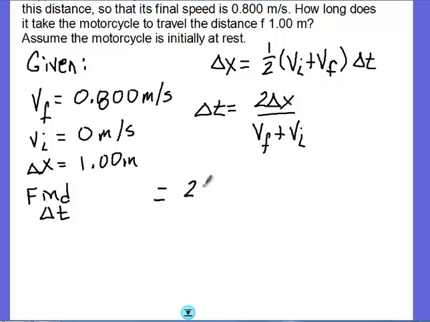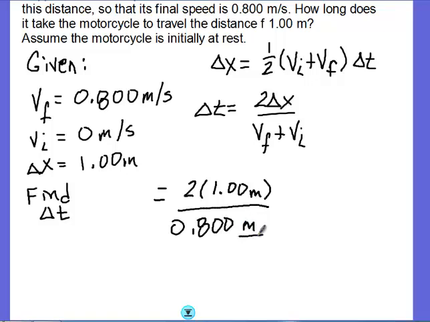So delta t is equal to 2 times 1.00 meters, dividing this by 0.800 meters per second. And we're adding 0 meters per second to that, so I'm just going to omit that since it just drops off anyway.